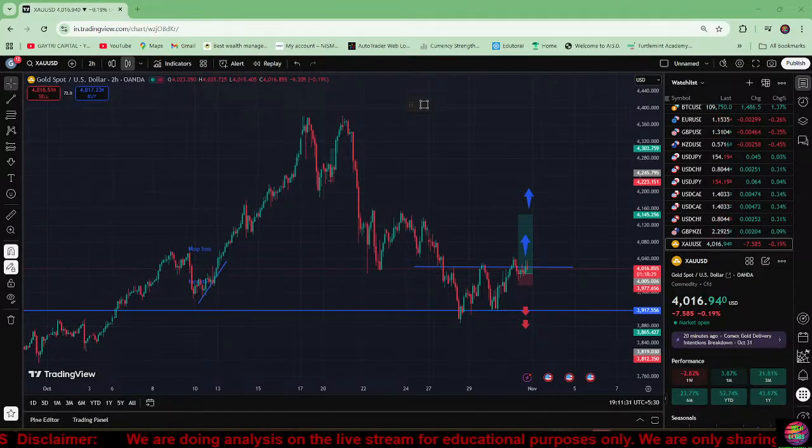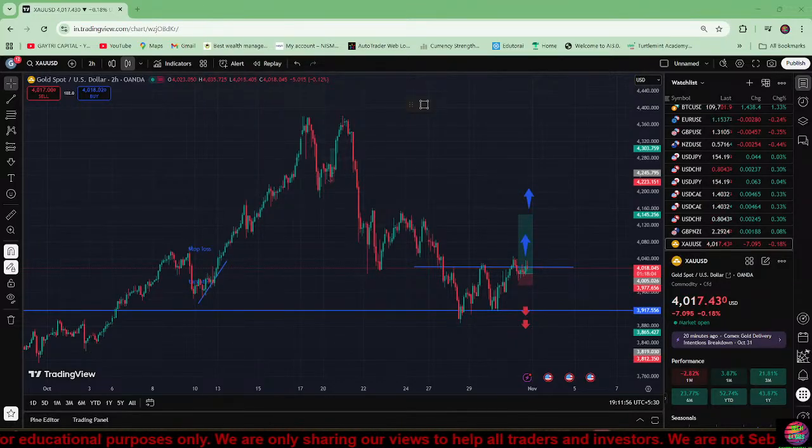So you need 3 touches of the resistance level to then enter the trade. You can't use a level of support to add as 3 touches. That simply just makes no sense. You want to make sure you have 3 touches of the resistance level in order to take the trade. If you don't have 3 rejections previously, you simply don't have a valid area of interest.